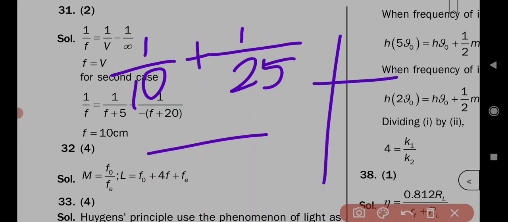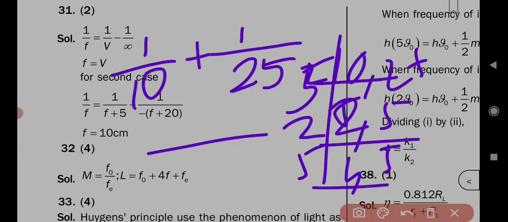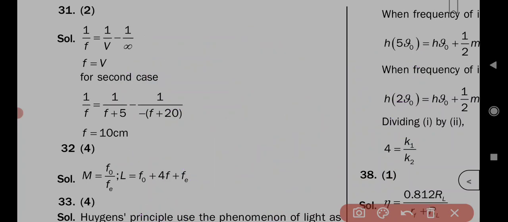So how it happened, let's check it out. 2 5s are 10, 5 5s are 25. Here 5 here 2. 5 5s are 25, 25 2s are 50. 1 by 25 into 50. 2s are 50. Oh, we are getting 7 by 50, which is not equal to 1 by 5. This is wrong, guys. So the correct option is 10 centimeter. You can check with the options.